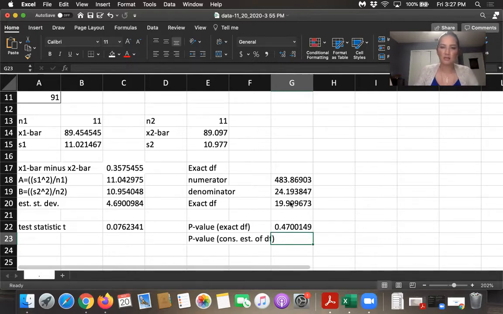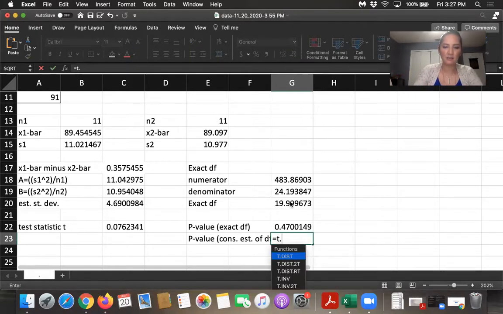Now, if we want to use the conservative estimate given by the minimum of the two sample sizes, one less than each of the two sample sizes, we type equals t.dist.rt open parentheses, and we'll enter the test statistic again, and then we'll use that minimum of those two sample sizes, which was 10.